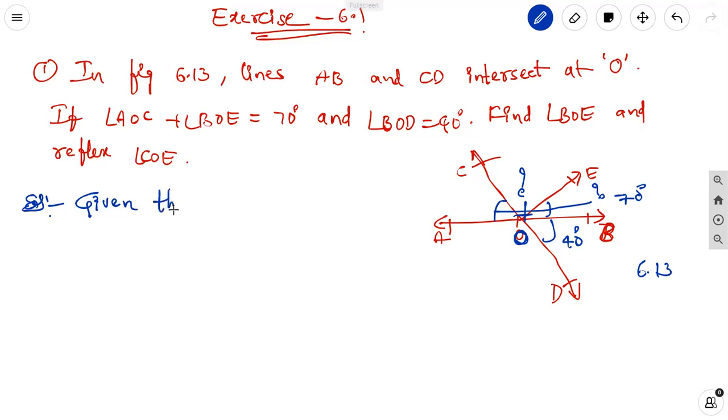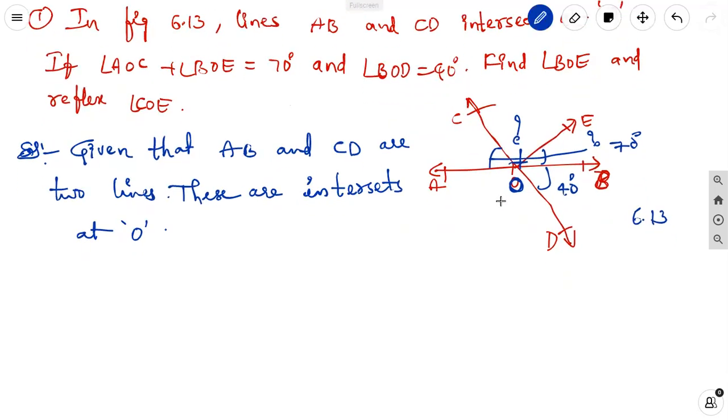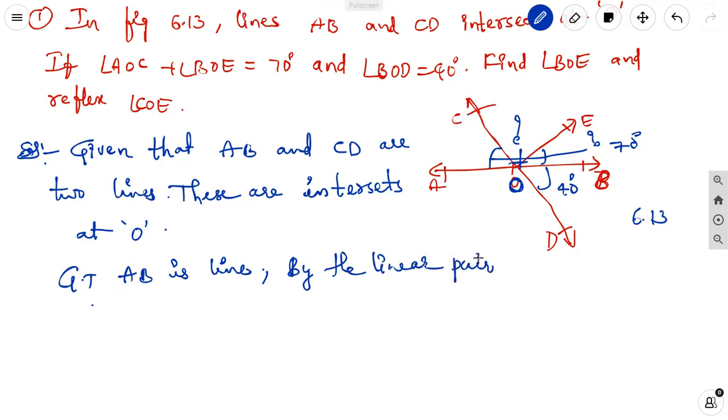Given that AB and CD are two lines intersecting at O. If AB is a line, by the linear pair, angle AOC plus angle COE plus angle BOE is equal to 180 degrees.